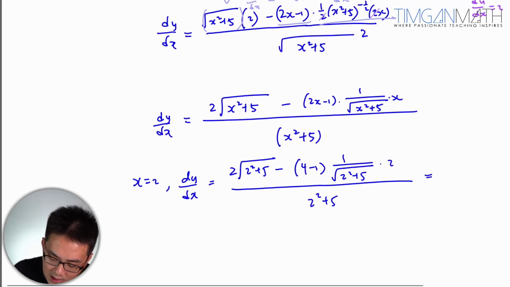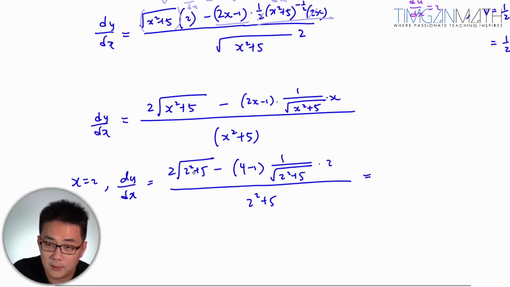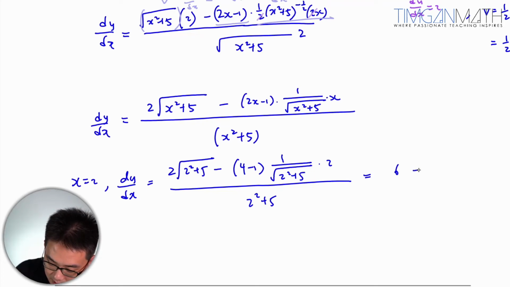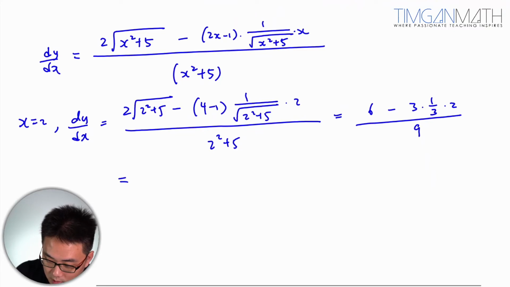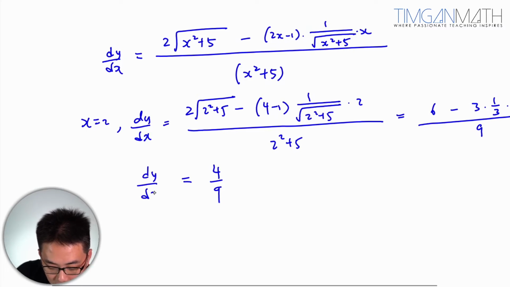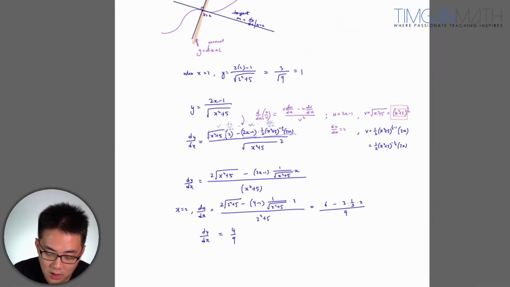Just key it into the calculator. This will be 6 minus 1 over 3 times 2 over 9, so dy/dx equals 4 over 9. We don't really need to express it in an expression.